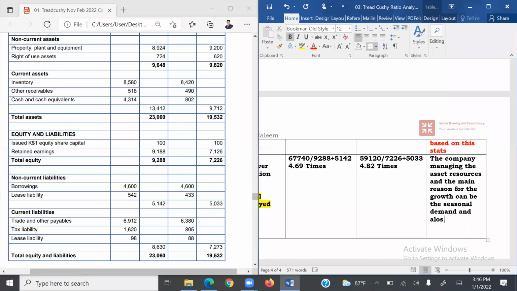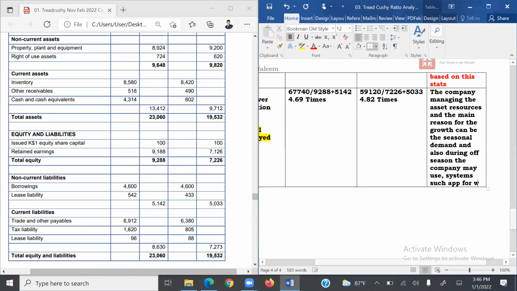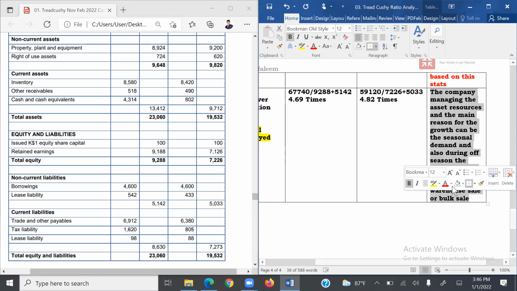Also, during off season, the company may use systems such as apps for warehouse sale, or I can say bulk sale. They can do that. Students, you would have seen in applications they have bulk sales. In simple language, they say we are selling, and they will sell it, students.